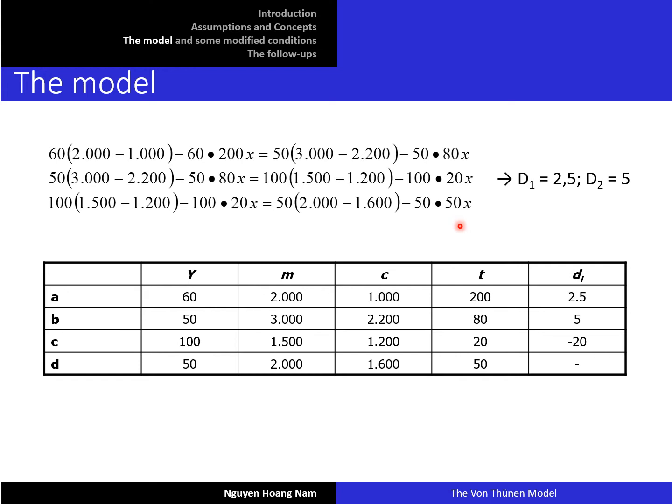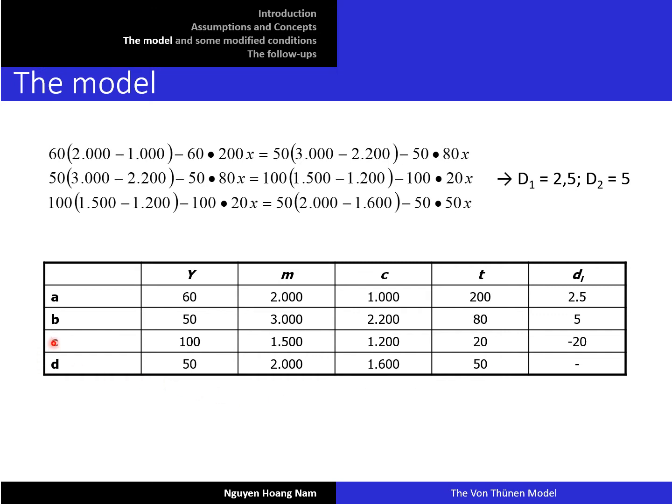But the tricky point of this exercise is that in question 1, we found out that we should go from B to D, not to C, right? So we will switch from B to D, but not to C, because the transport cost per unit of crop D is higher than the transport cost per unit of crop C. So we would tend to put D closer to the city center.